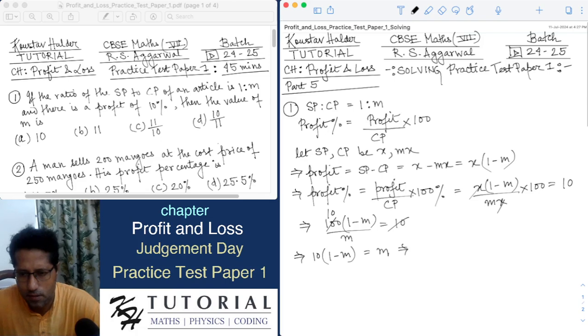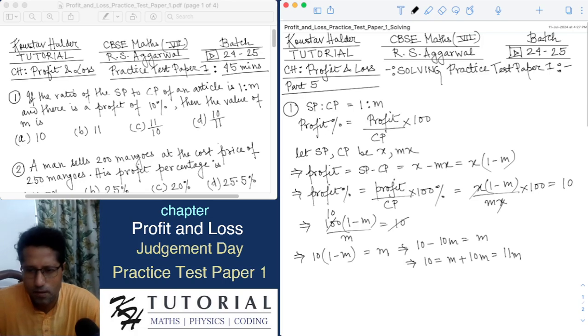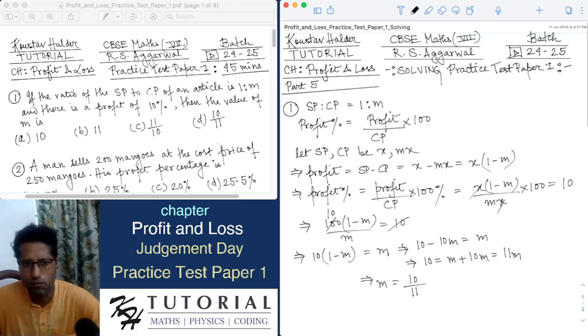This implies 10 minus 10m equals m. This implies 10 equals m plus 10m, which is 11m. So this implies m equals 10 by 11.